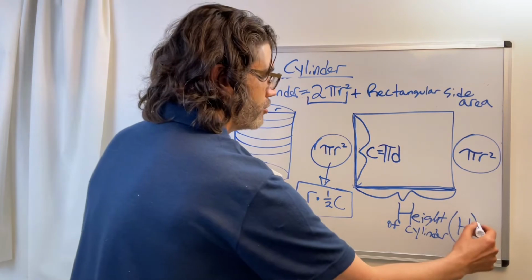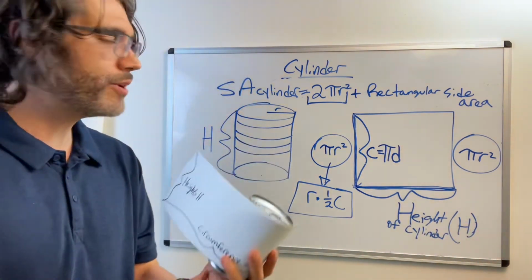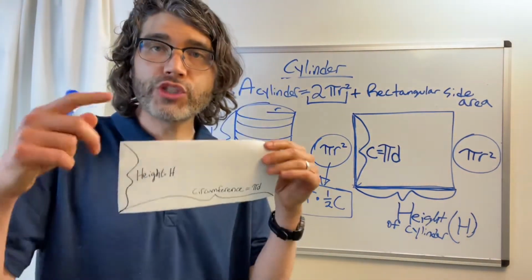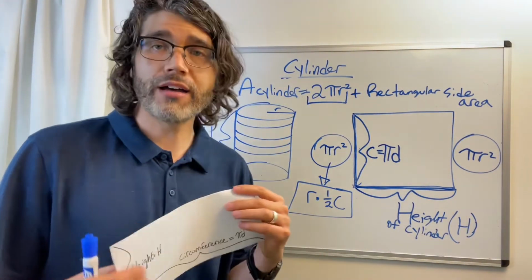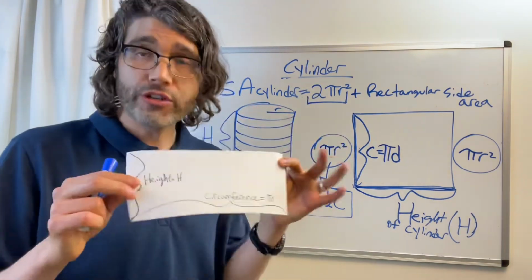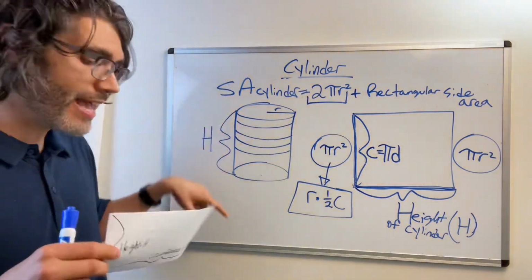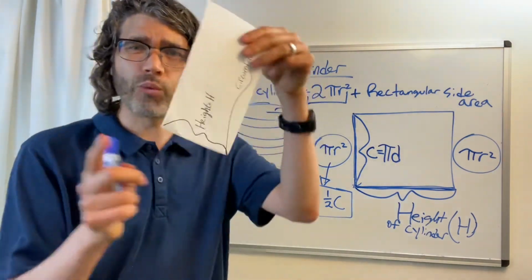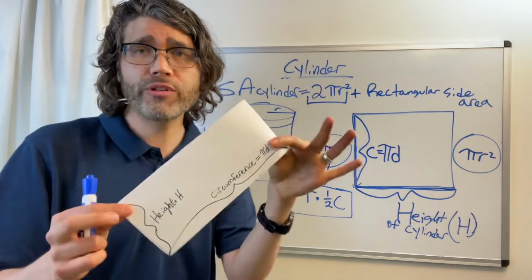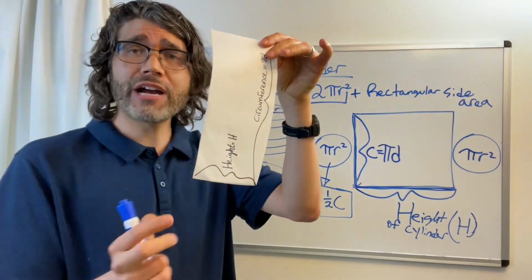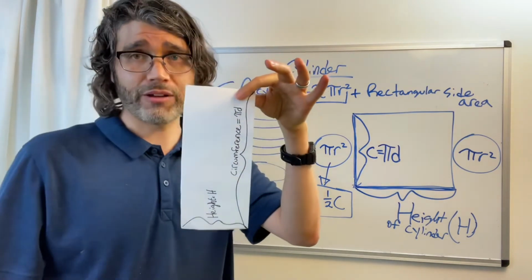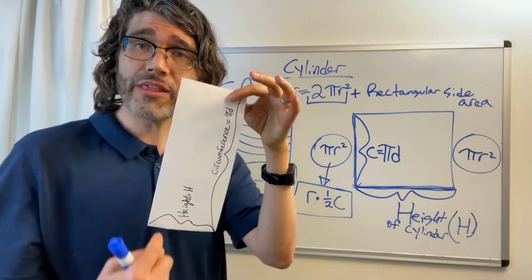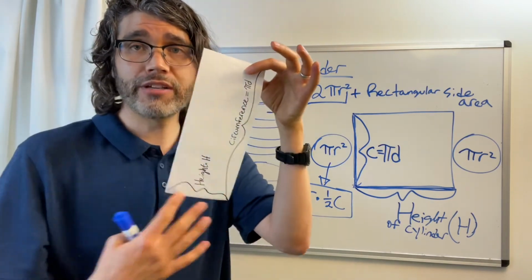Okay? So what we have done is we have found the two dimensions of this rectangle. It doesn't matter whether you call it height or width or length. We're just talking about two dimensions. We found this dimension of our rectangle and we found this dimension of our rectangle. And all we need is to multiply them together to find the entire area of this rectangle.